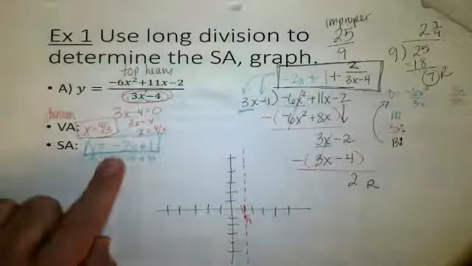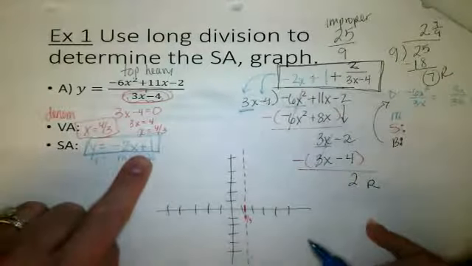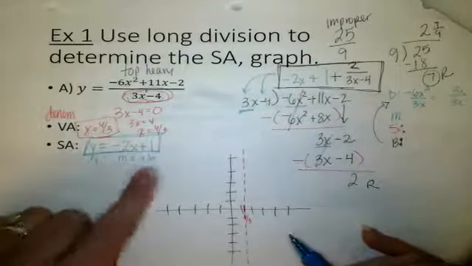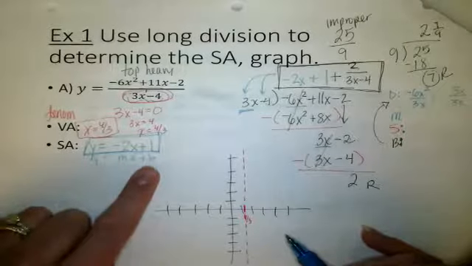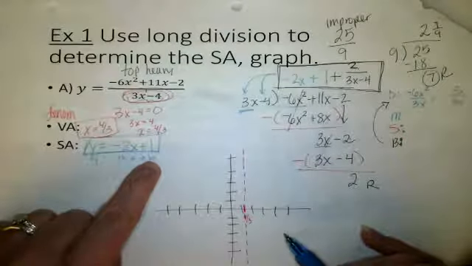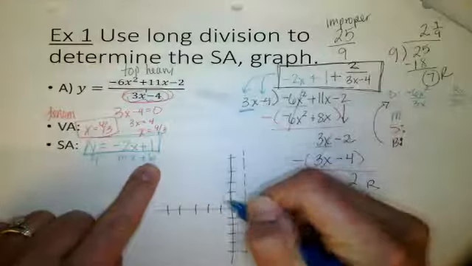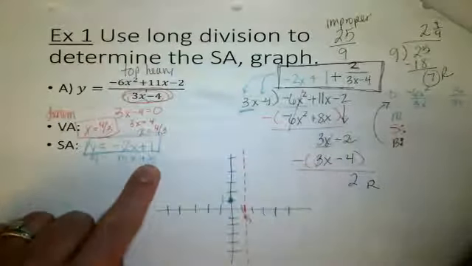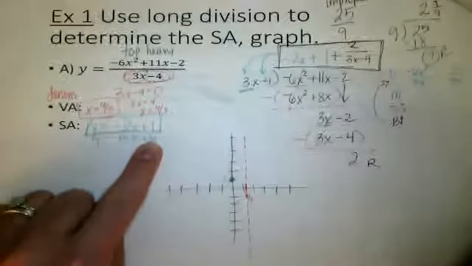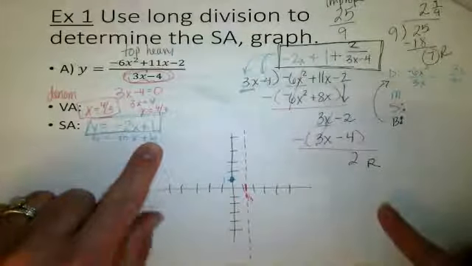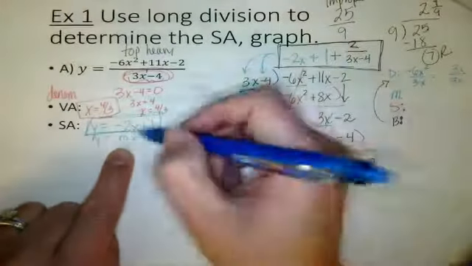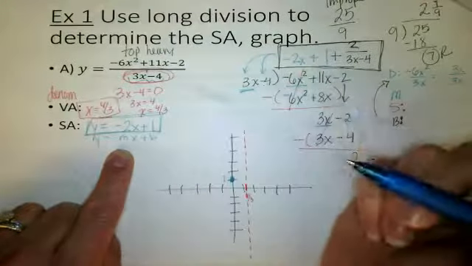Now, negative 2x plus 1 is a slanted line. It's in slope-intercept form. And we're going to start at the B for begin. That's 1 on the y-axis. And then my slope is negative 2. What does that slope of negative 2 mean?